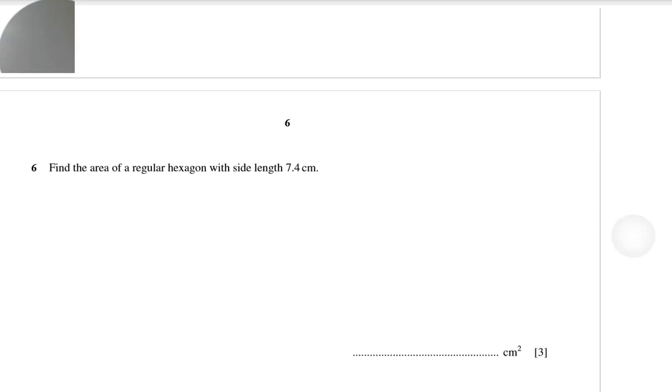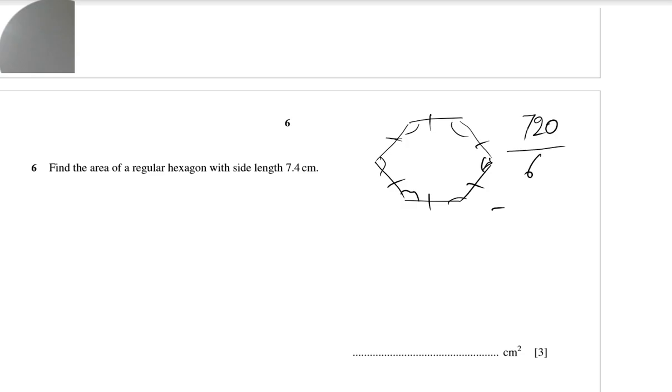Find the area of a regular hexagon with side 7.4. A regular hexagon is a six-sided shape, and all the sides would be the same as it's regular, and all the angles would also be the same. The interior angle of a hexagon is 120, and all the lengths are 7.4.